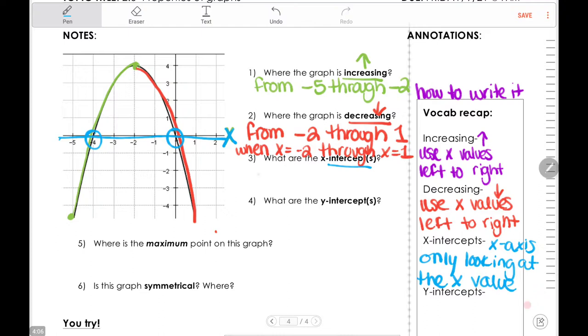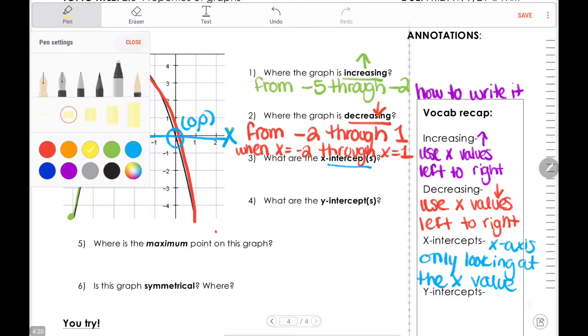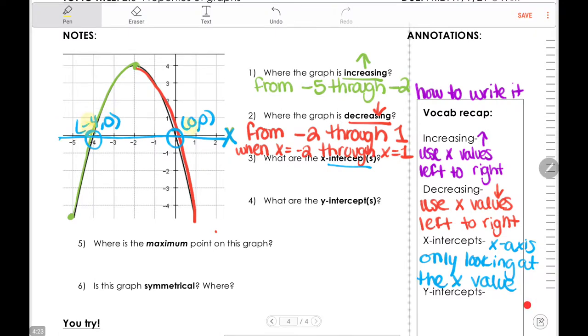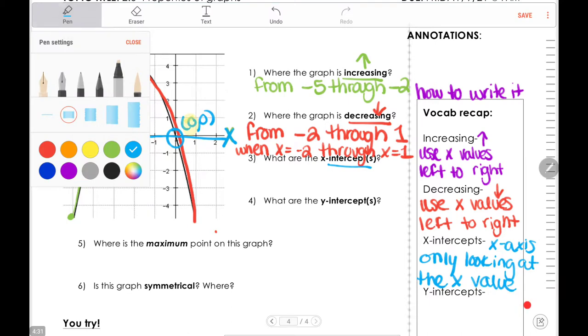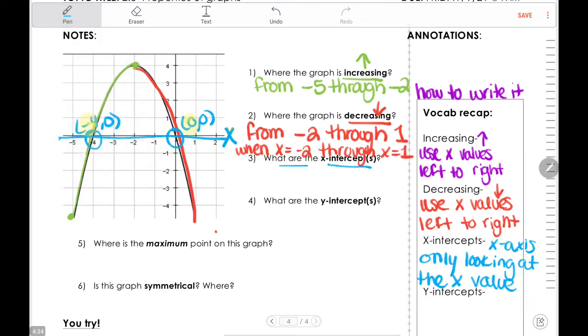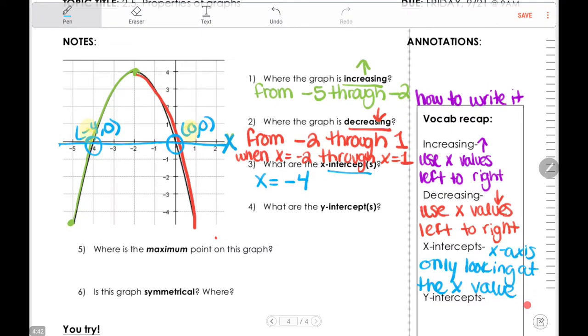Okay, so when I'm writing this, it hits the x-axis at the coordinate -4, 0, and the other coordinate is 0, 0. But I only care about the x value of those coordinates, because I'm only worried about where it hits the x-axis, the x coordinate. So my answer for number 3, where are the x-intercepts? X-intercept is -4, and x-intercept is 0.